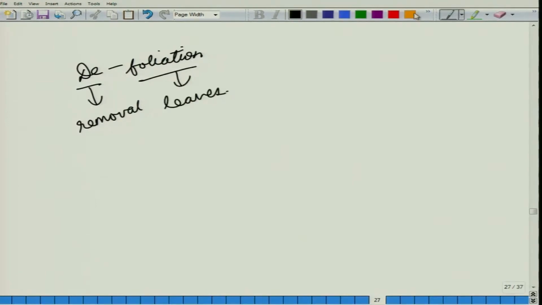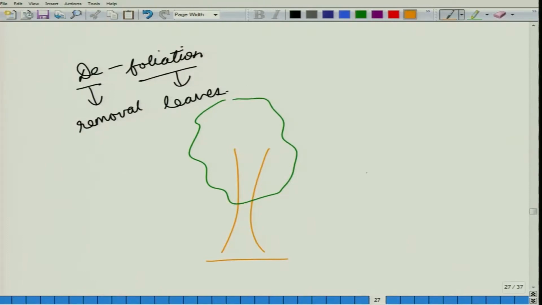Defoliation is the removal of foliage, foliage being the leaves. So, for instance, in the case of a deciduous tree, if you look at that tree in a wet season it would look like this, whereas in a dry season it would give out all its leaves and you would just be able to see the branches.